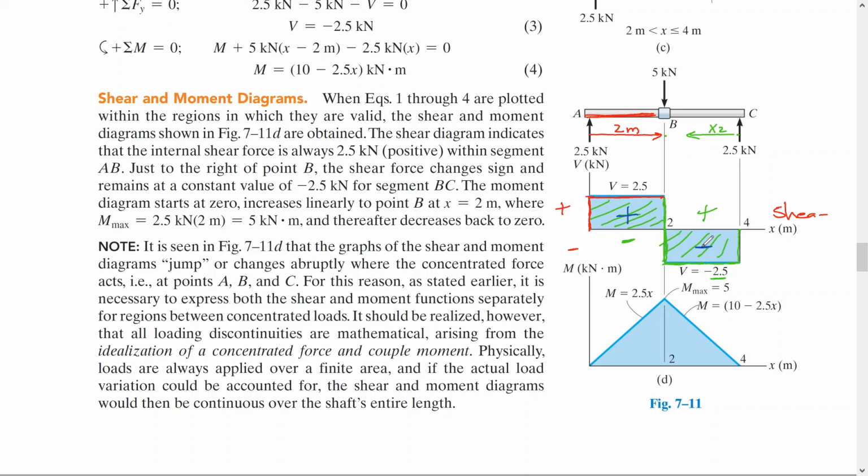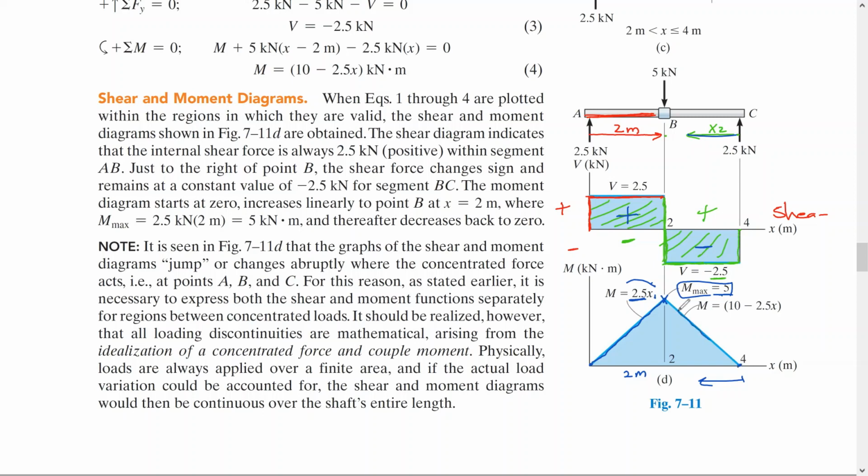What about the moment? We told you the moment is equal to 2.5 x1. Here x is equal to 0, and here, because this is at 2 meters, it equals 2.5 times 2, which is 5. From the other side, x2, it's the same: 2.5 times x, which is 0 here and 5 here.